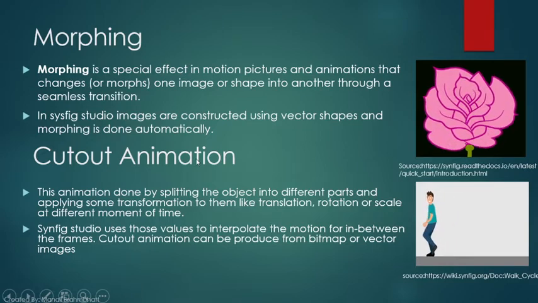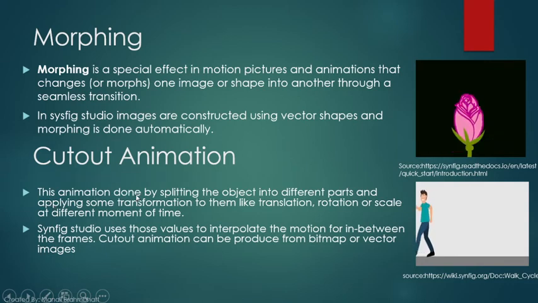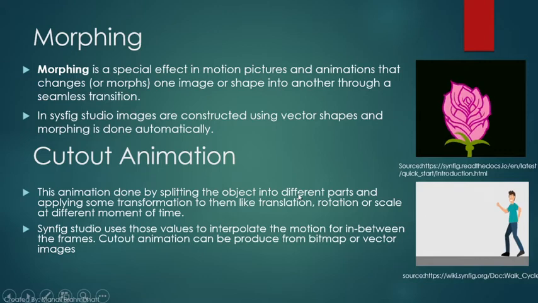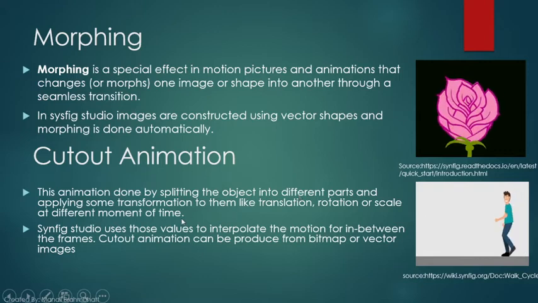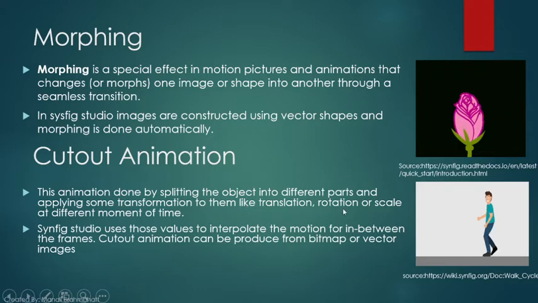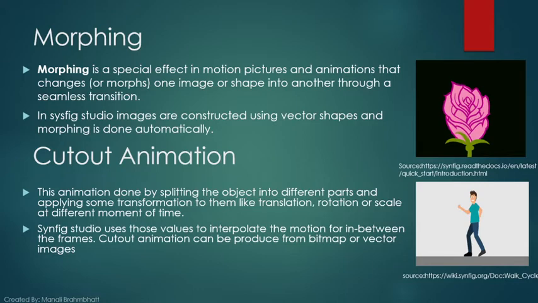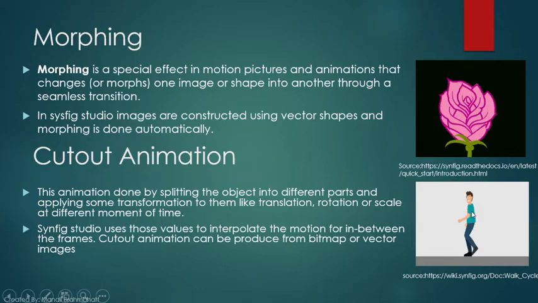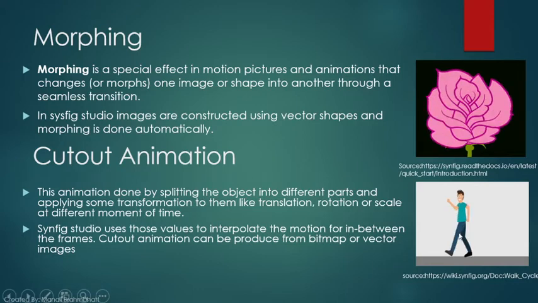And in the cutout animation, this animation is done by splitting the object into different parts and applying some transformation to them, like translation, rotation, and scale, right? So you can see that there is a hand movement and a leg movement in the animation.